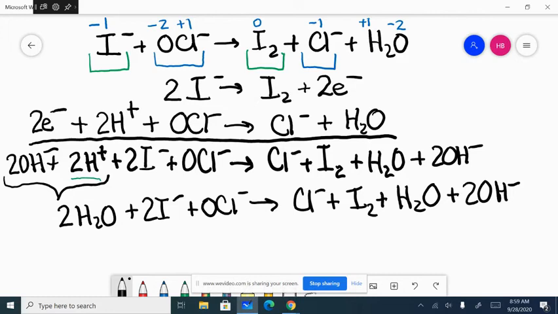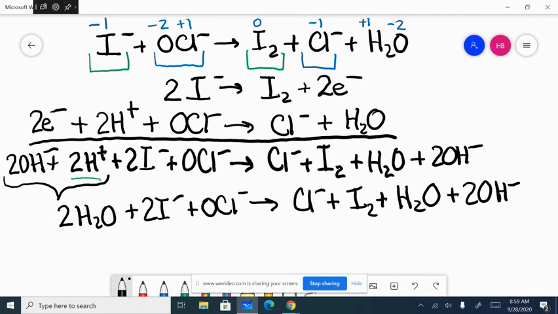So I have 2 times 2, 4 H pluses over here, 2 plus 2, 4 H's over there. So 3 oxygens, 3 oxygens, 2 iodines, 1 chlorine, 1 chlorine.